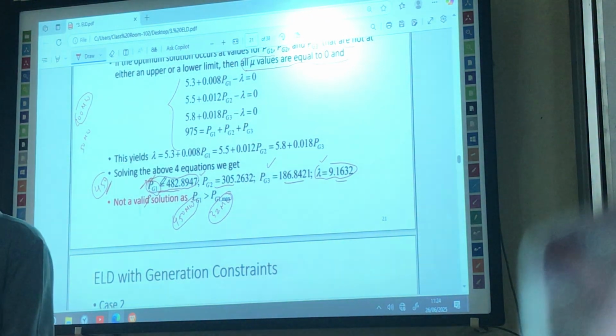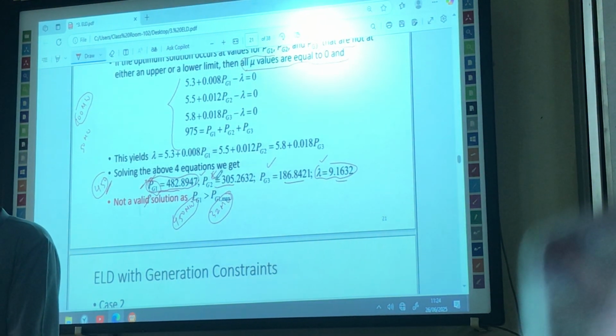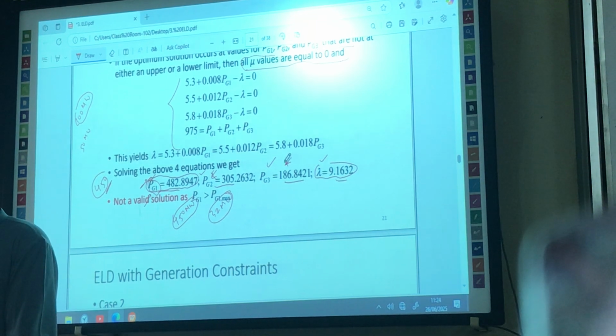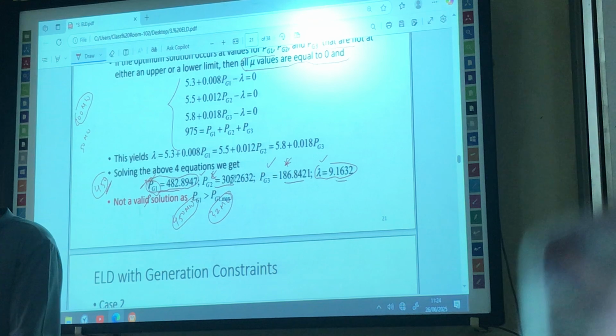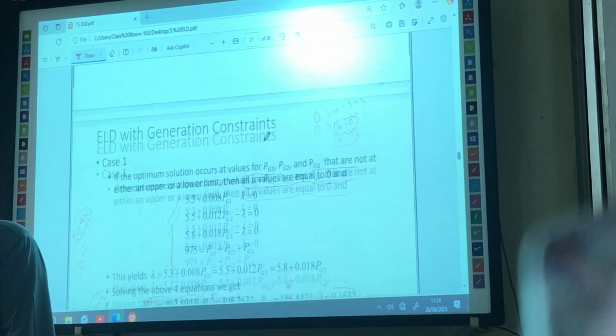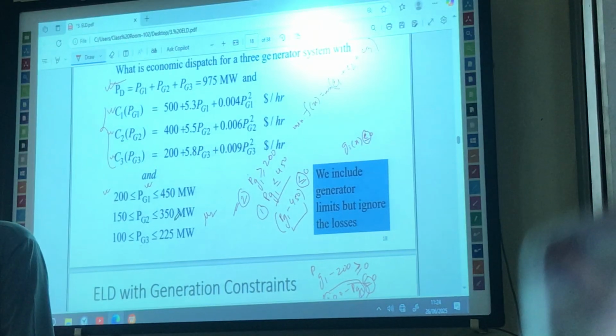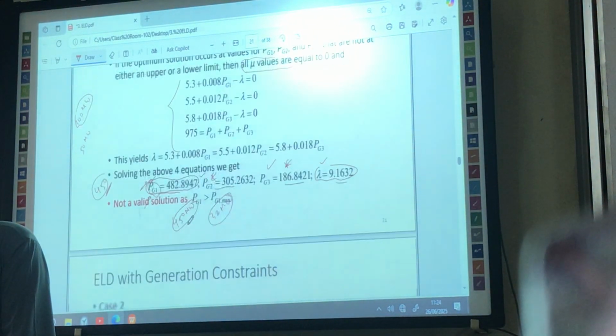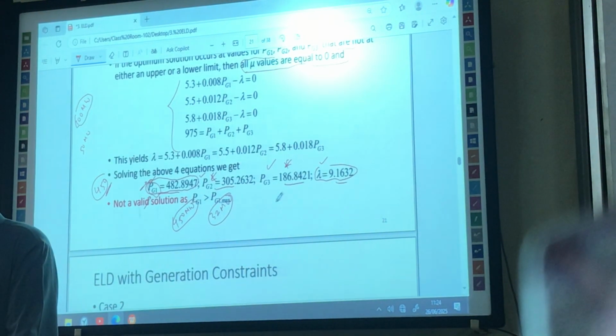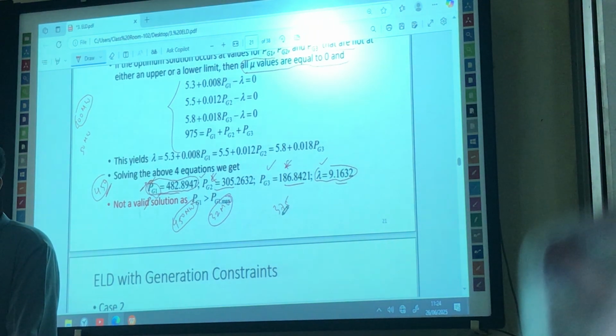Let's say there was a violation. What was the limit of PG2? From 150 to 350, right? Let's say you got this value as 375. Now it is violating the upper limit. And this is 482.